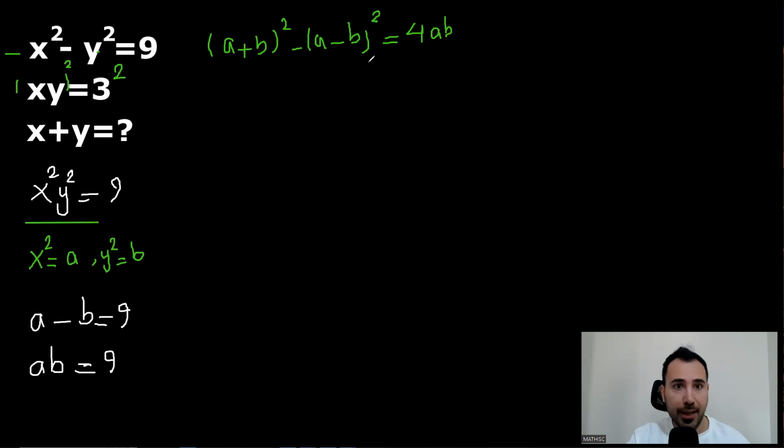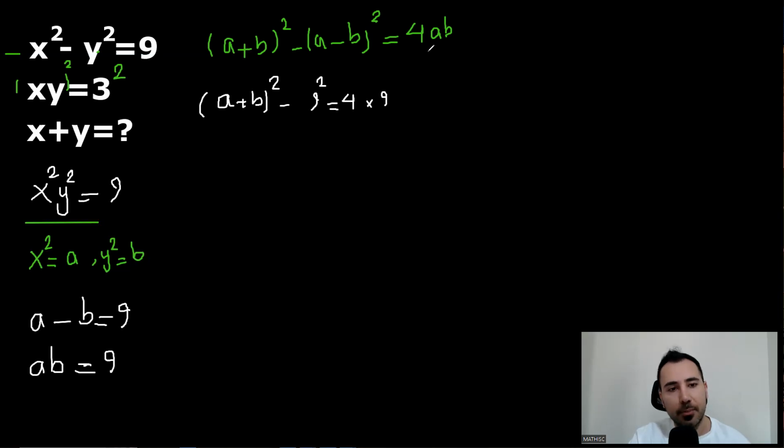Take a look. We have this one, A minus B is 9, right? And AB is also 9. So the equation becomes like this. A plus B squared minus 9 squared equals 4 times 9, right?